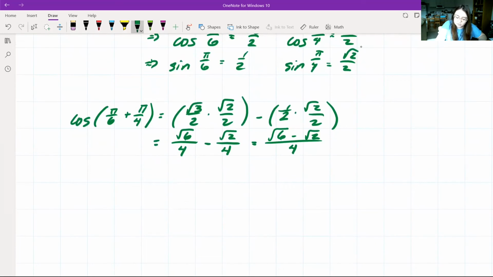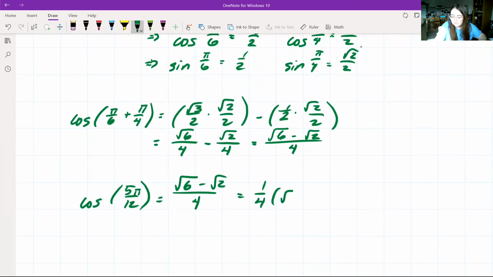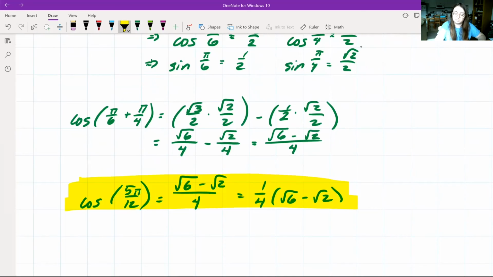So that would be our answer there. Writing this as our final answer, we get cosine of 5 pi over 12 is equal to the square root of 6 minus the square root of 2 all over 4. Another way you could rewrite it is 1/4 times the square root of 6 minus the square root of 2. Either way, they're the same thing, whichever way you prefer to write it out.